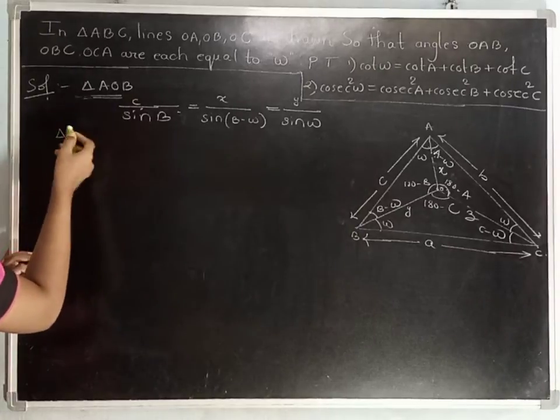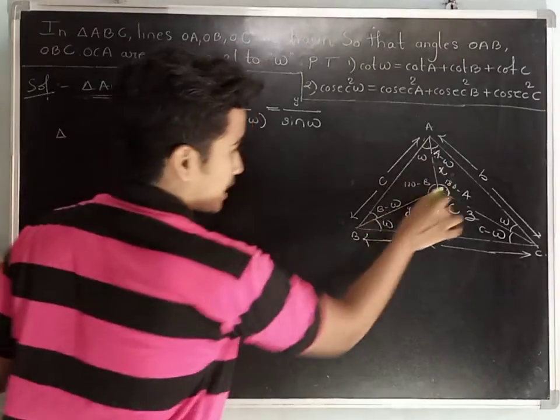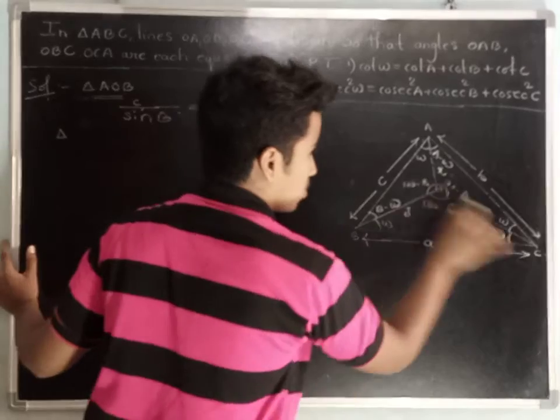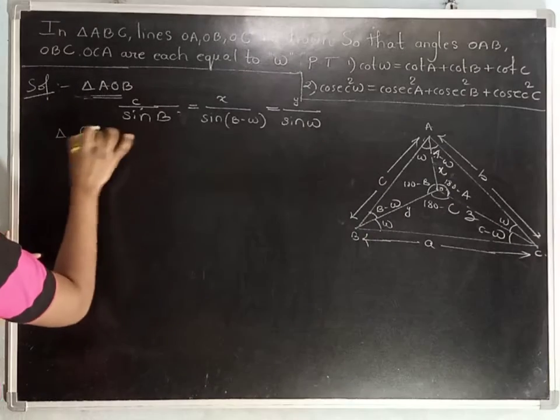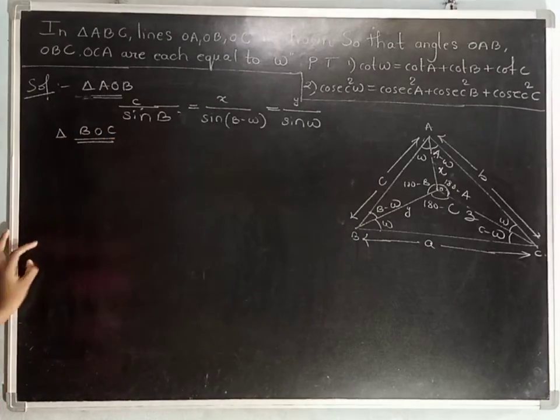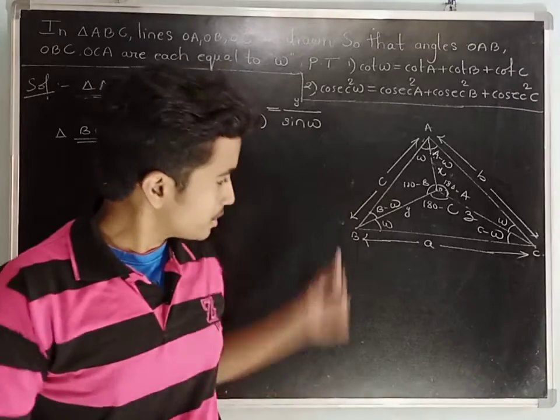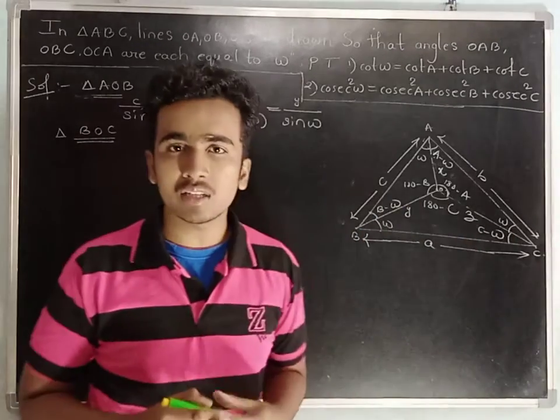Now, similarly, the first triangle is AOB. Next, BOC. Let me consider triangle BOC. In the same way, I am going to use the sine rule again. Okay?